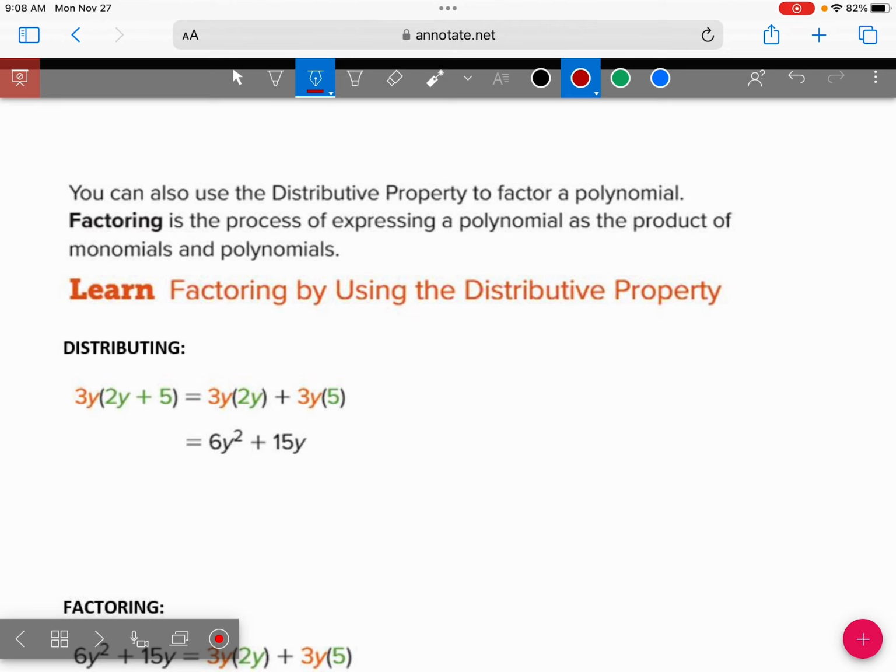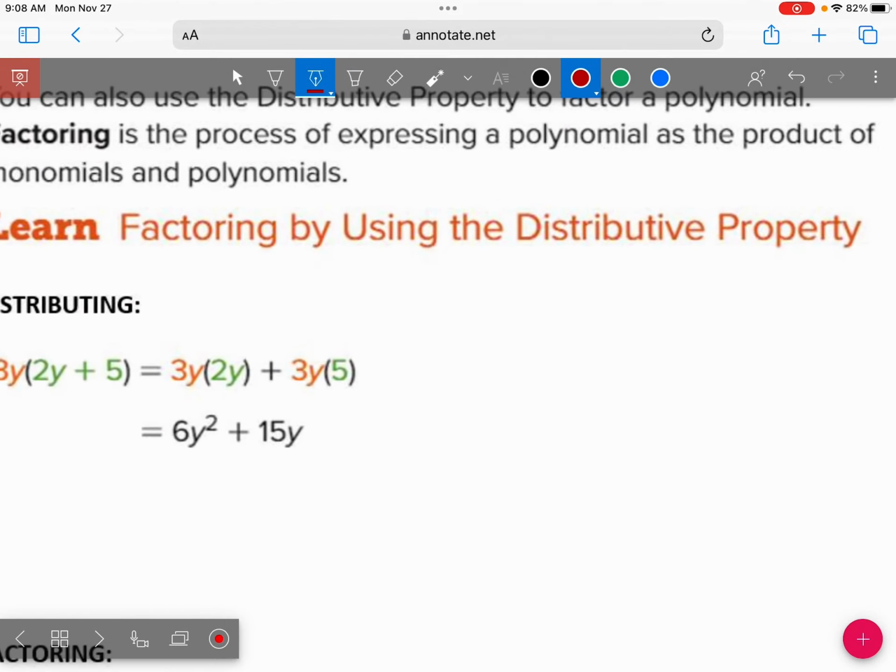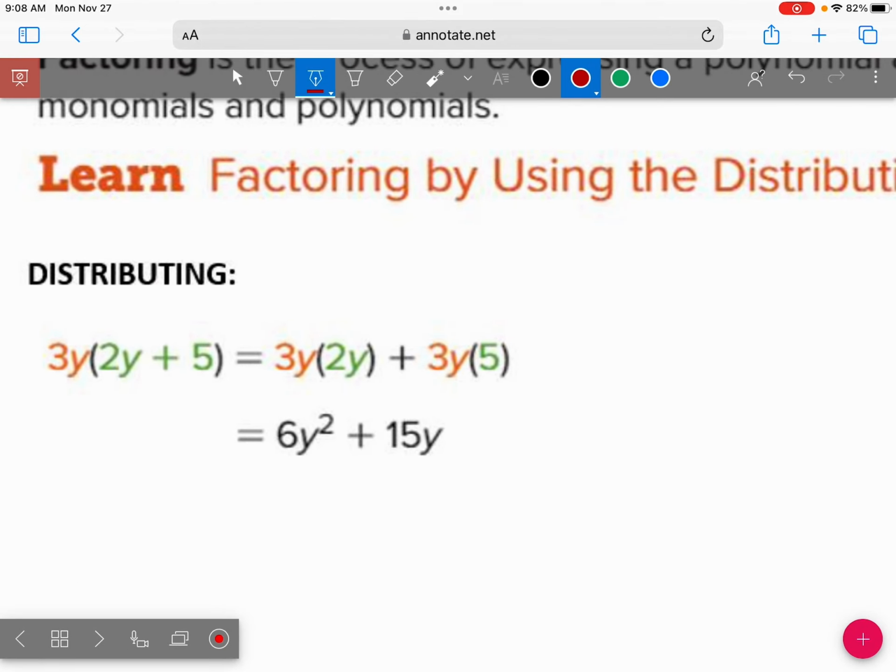So now we're going to talk about factoring. Factoring is the opposite of multiplication. So when we distribute, let's look at this first one. This is what we did before break. We distributed the 3y, and we would multiply and get our answer.